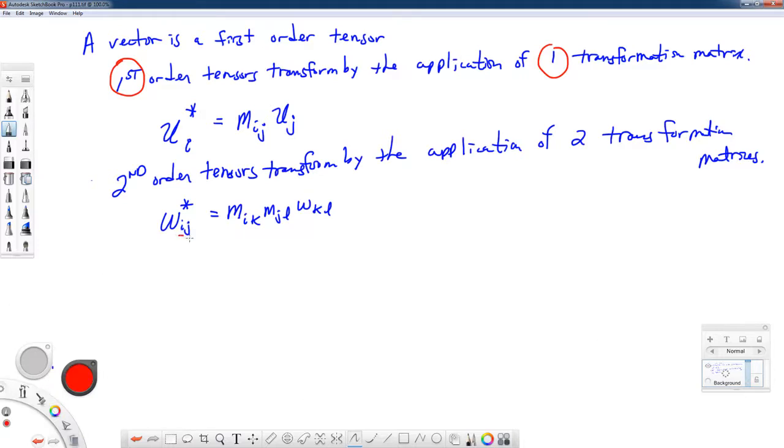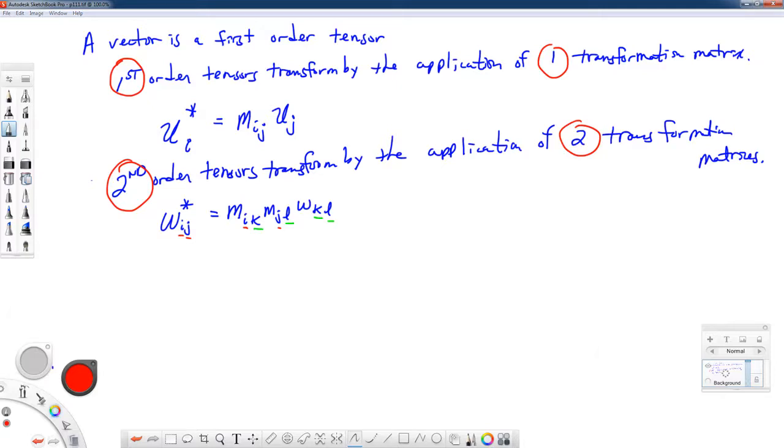Free indices are i and j, and they appear in these two terms. And the dummy indices, k and l, appear in these two terms. Okay, so a second order tensor transforms by the application of two transformation matrices, and we can have a third order tensor and a fourth order tensor and a fifth order tensor and whatnot.